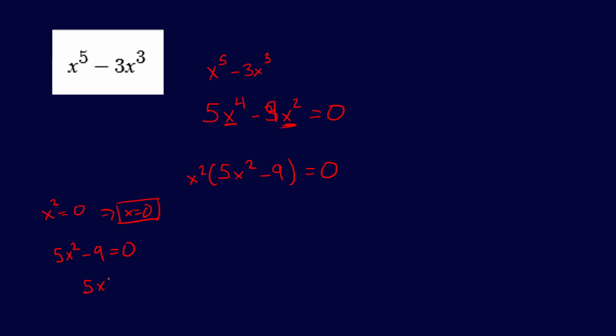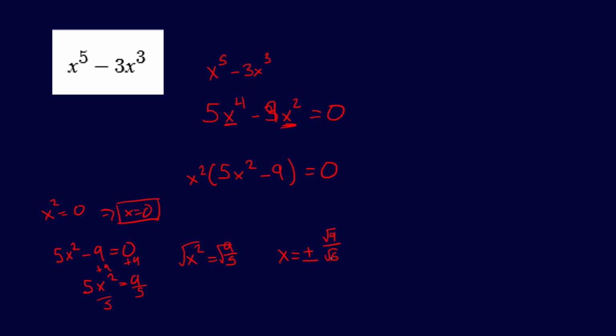We turn this into 5x squared equals 9 by adding 9 to both sides. We divide both sides by 5. It's going to give us x squared equals 9/5. What do we do now? Oh, square root both sides. x is equal to, and this is the important part, plus or minus, what's the square root of 9?